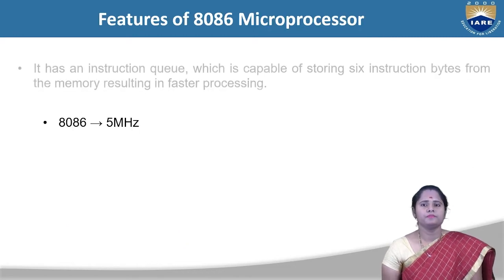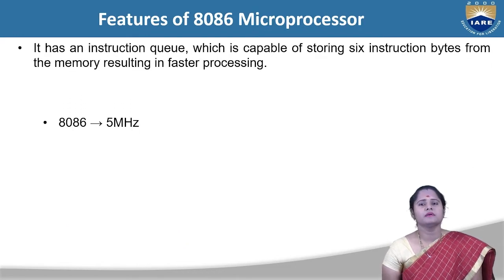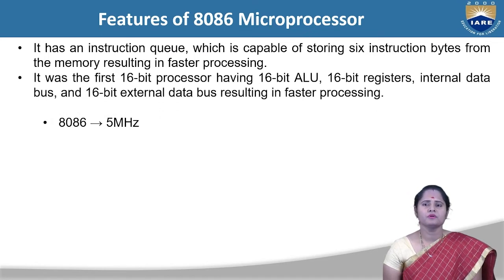Here there is another feature of our 8086, the instruction queuing. So what is instruction queuing? The instruction queue is nothing but the instructions which I need to execute being placed in a proper fashion, one after the other, to make my ALU faster.